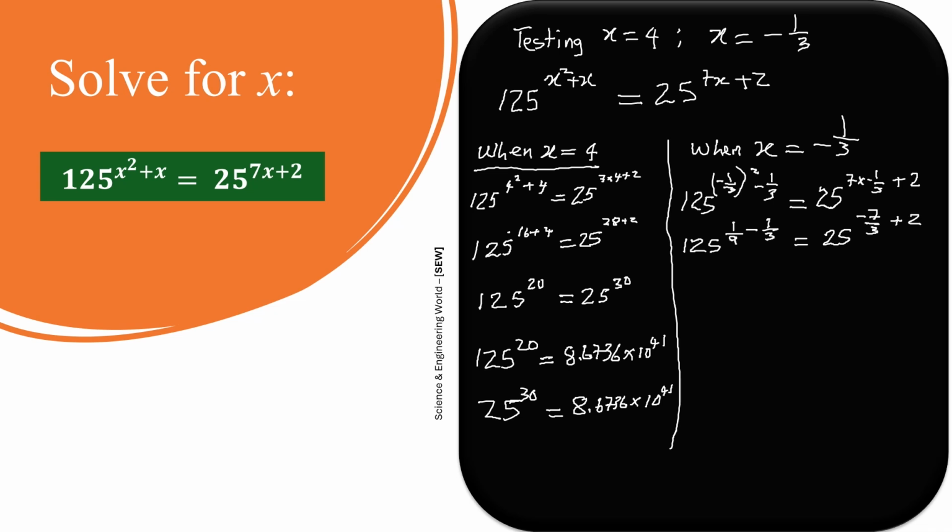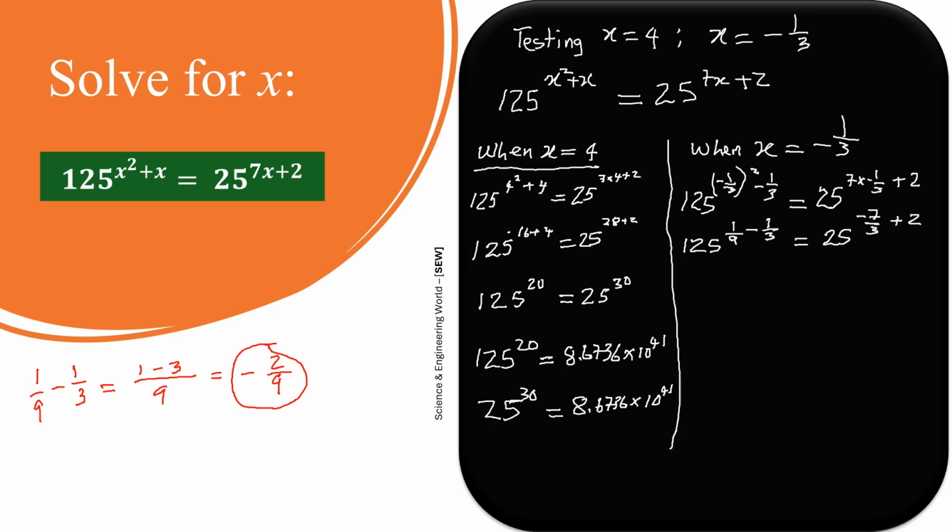Now looking at the powers for both of them, we now have here 1 over 9 minus 1/3, which, with LCM 9, is 1 minus 3, because 3 in 9 is 3, and that gives us minus 2 over 9. That is for the power of 125.